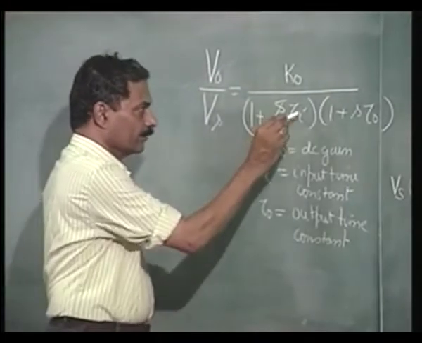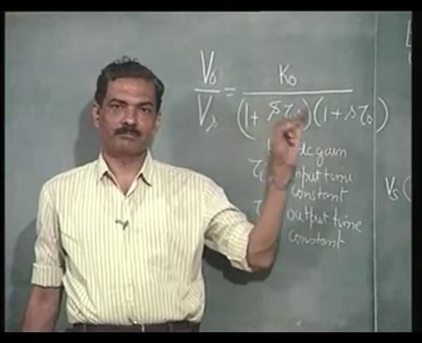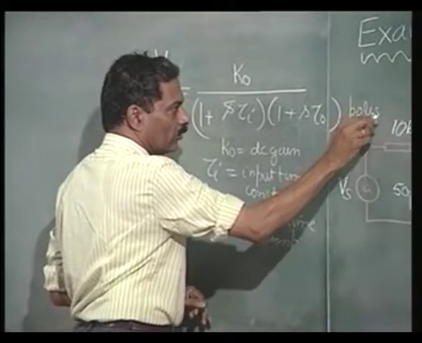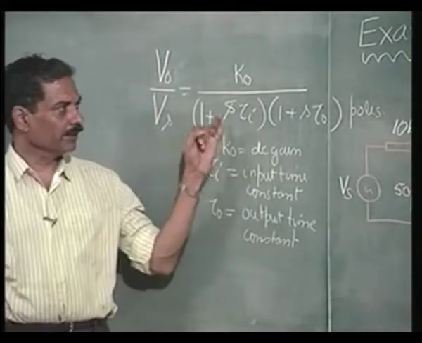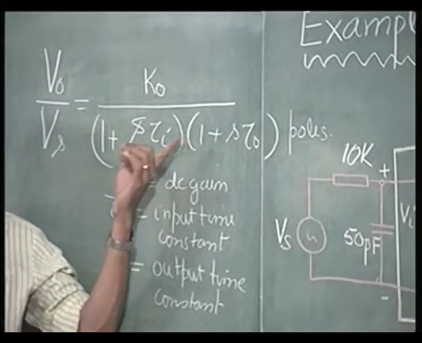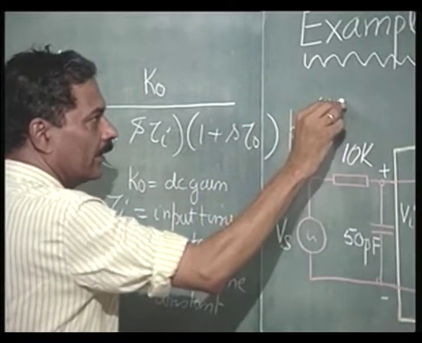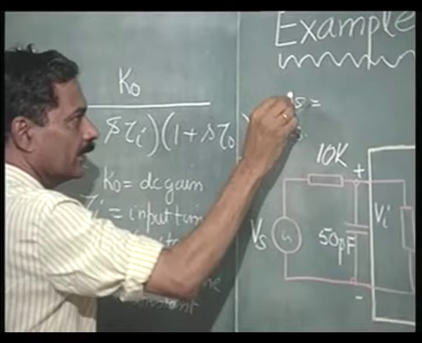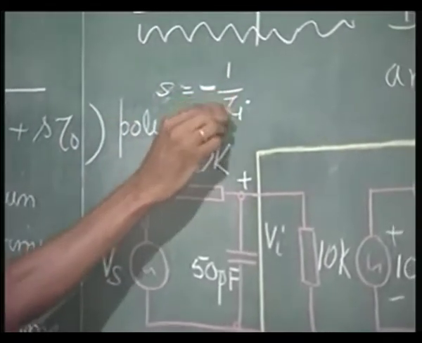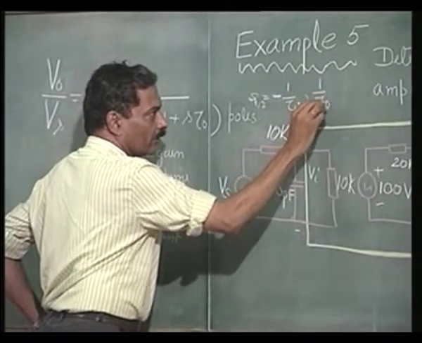So, the order depends upon the number of poles. These are called poles of the system. There are no zeros here. These concepts you have learnt in your control engineering. The poles are located at S equal to minus 1 over tau I and minus 1 over tau naught.